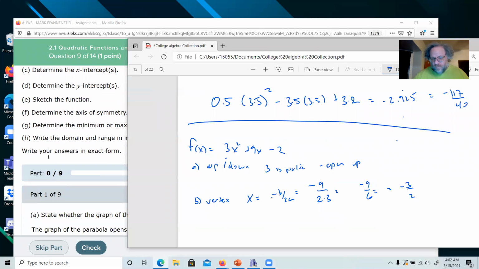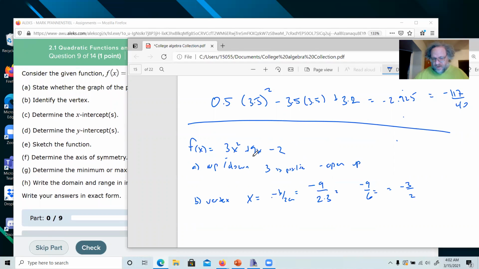Now we have to go through and plug this into the function, right? So f of negative 3 halves. Okay, that's a little scarier. Still not quite b over 2a, but it's awful. It is equal to 3 times negative 3 halves squared. It's going to be positive. Plus 9 times negative 3 halves minus 2.